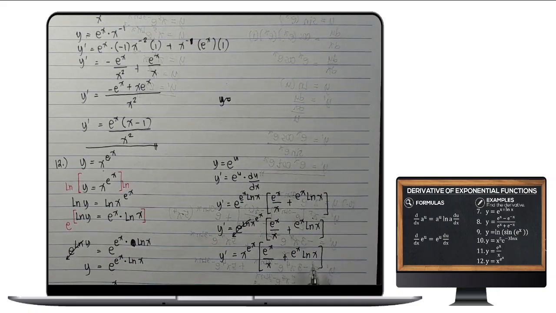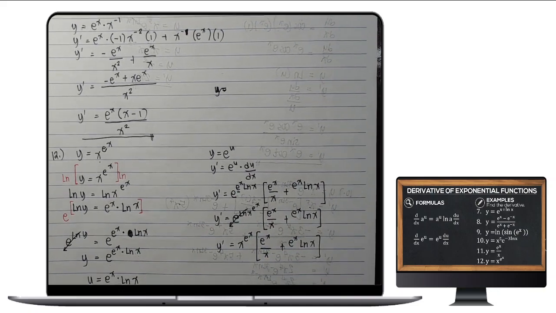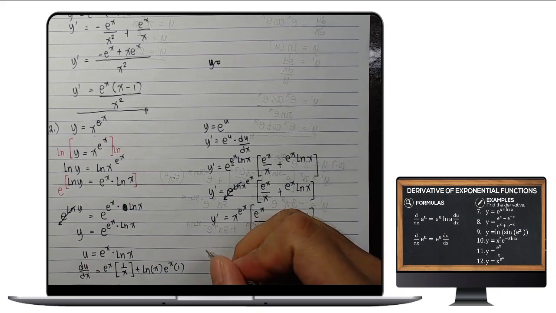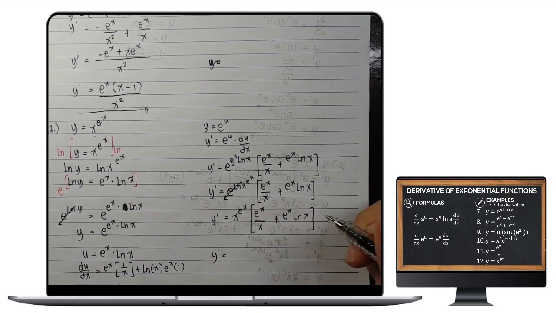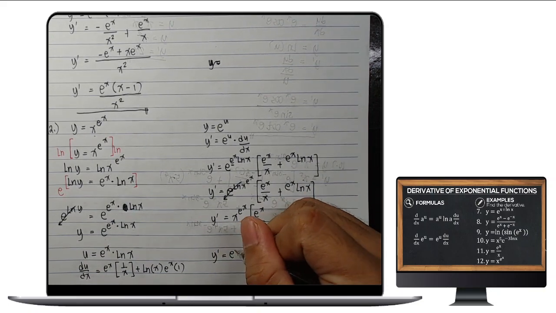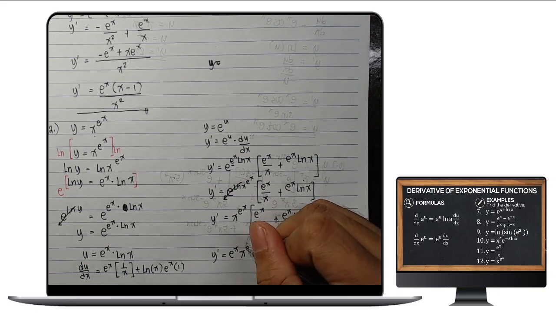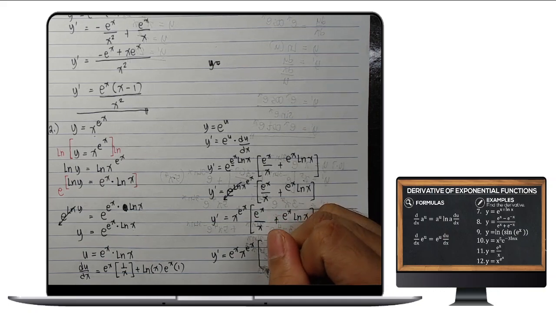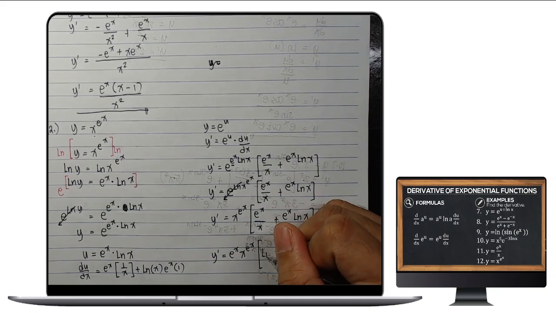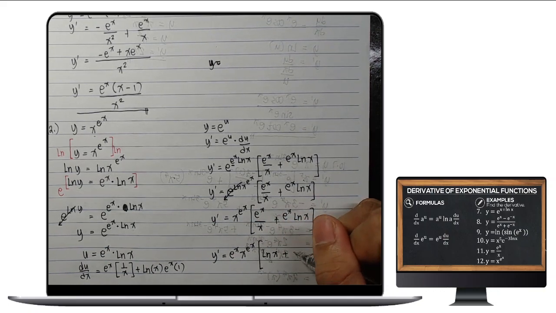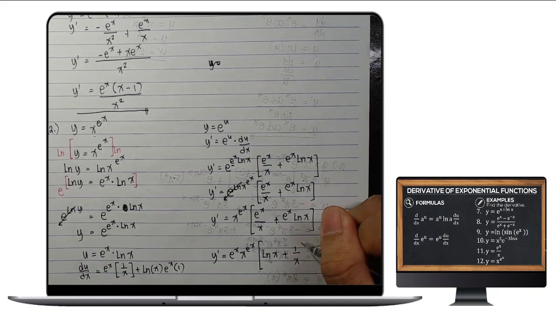So, factor lang natin yung common monomial. So, y prime is e raised to x. Nalabas ko lang yon. So, that is x raised to e raised to x multiplied by, so unahin ko lang si ln of x plus 1 over x.